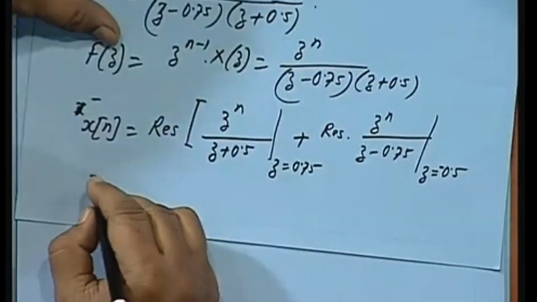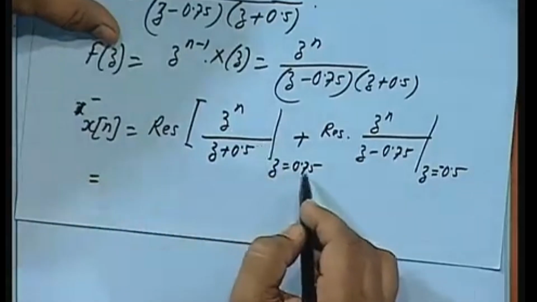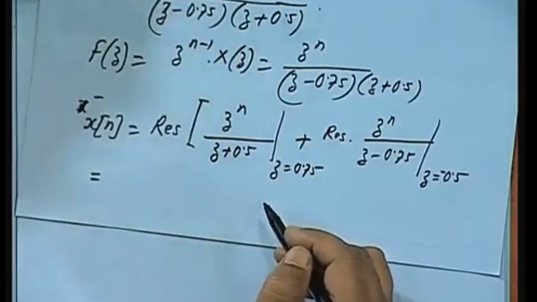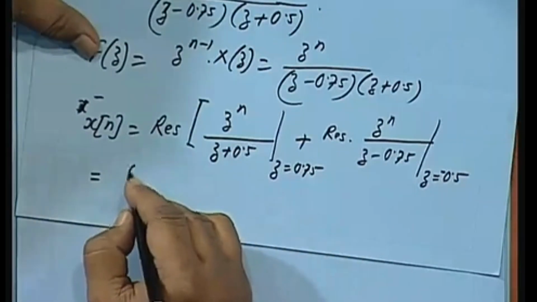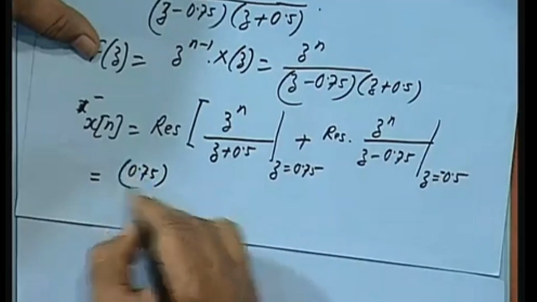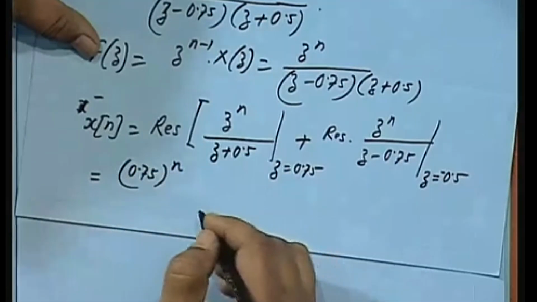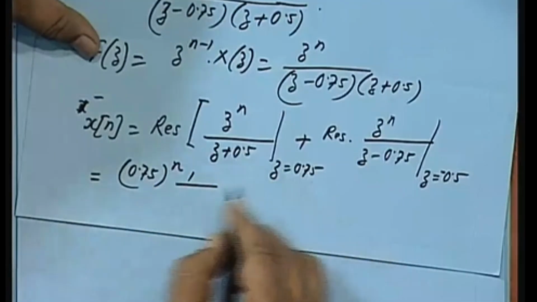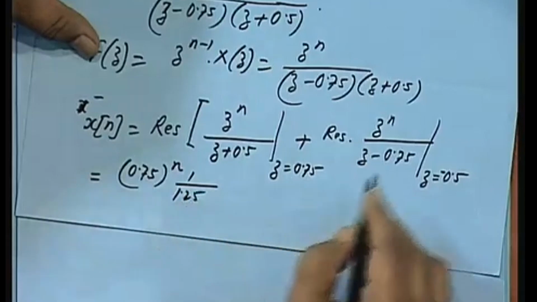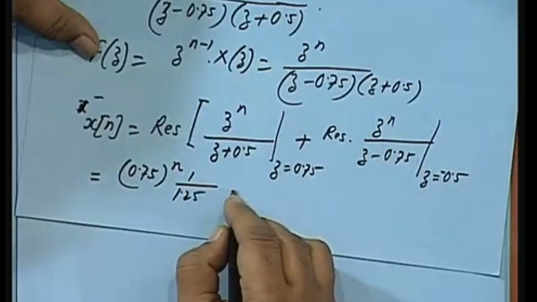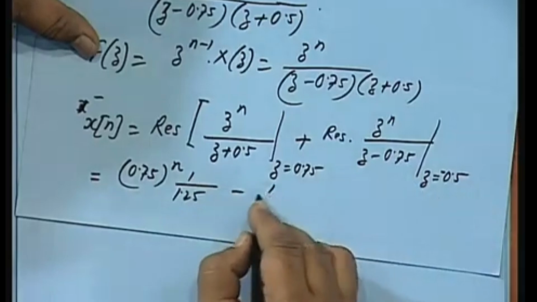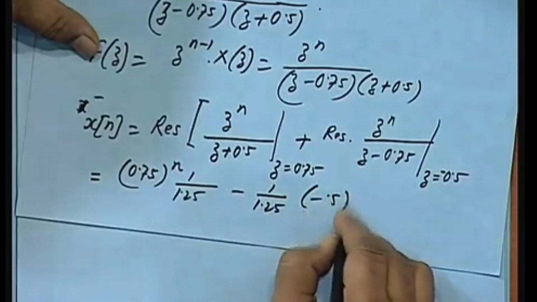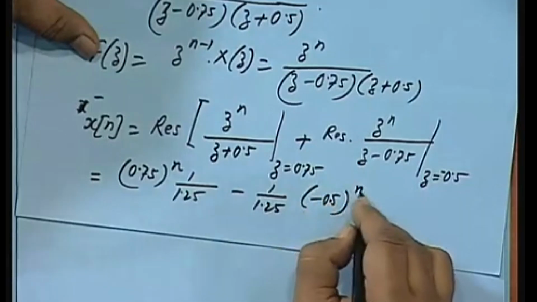So, if I put z equal to 0.75, it will be 0.75 to the power n, divided by 0.5 plus 0.75, that is 1.25, and in the second case the denominator will be minus 1.25, times minus 0.5 to the power n.